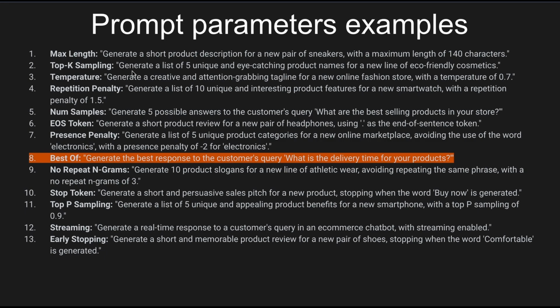Again, I've generated some parameter examples here that are relevant to e-commerce. So if you want, pause this video and look through them and see how you really work with this to give the desired result.